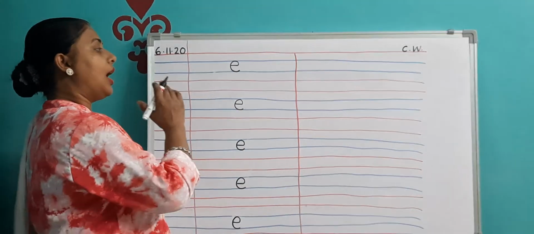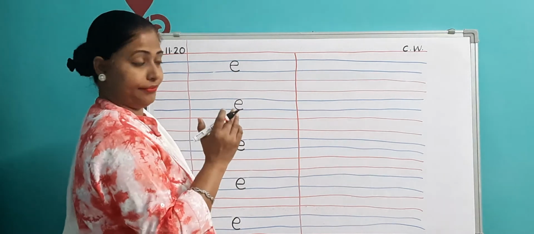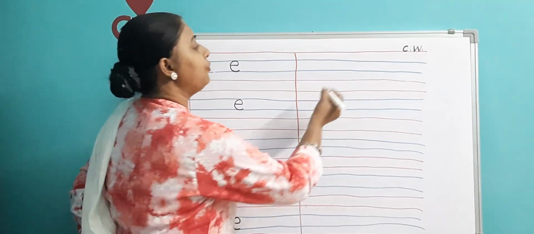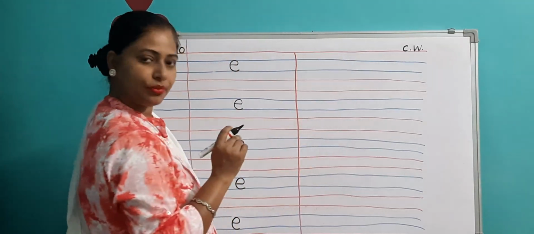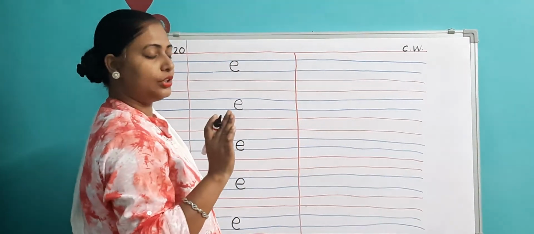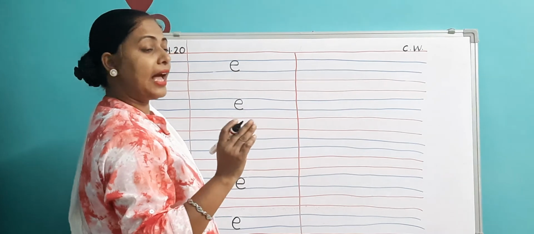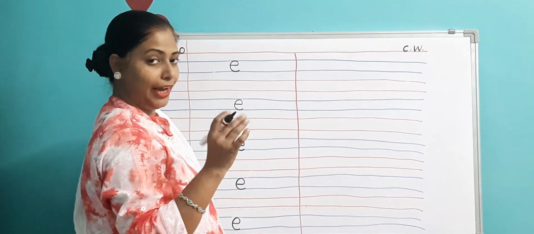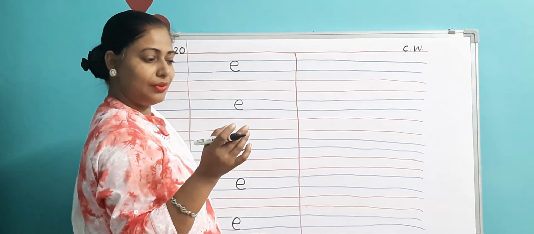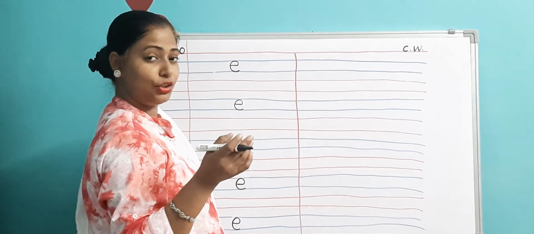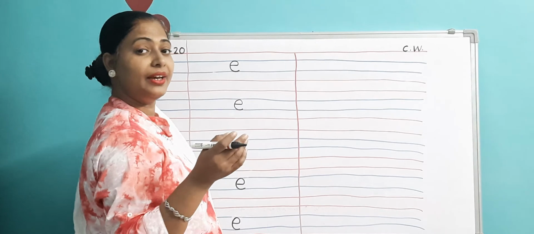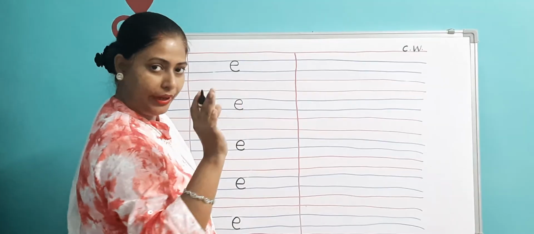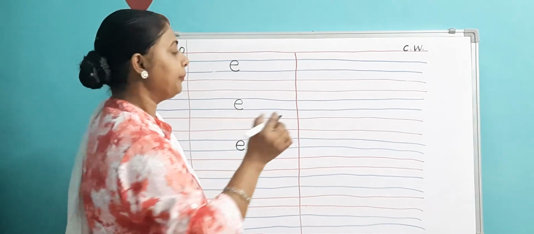After e comes small f. Now, how are you going to write small f? Small f, you will start from the first line. Small f is very simple. As I told, some of you must have grandfathers who use a stick, so you know how it looks.